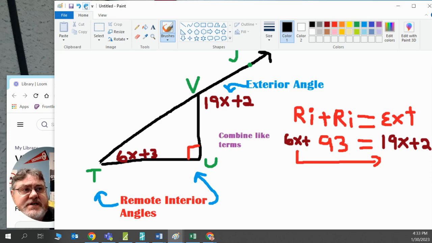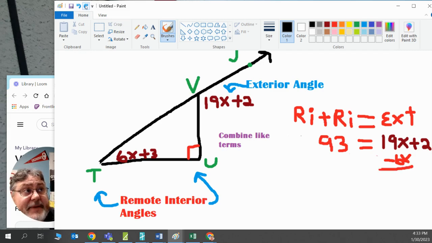To move 6x over the equal sign, I must do the opposite operation. Its operational sign is a positive, so I'll make it a negative 6x, and they'll cancel out. And because I subtract 6x on one side of the equal sign, I must subtract 6x on the other side of the equal sign. And so 19x minus 6x is 13x. And then, of course, on the left side, it will just disappear.